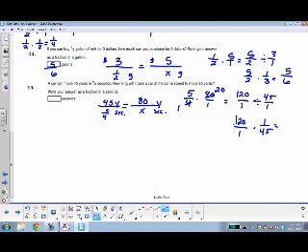I can simplify out a 5 in both of these. I know that this will be 9, and I know that this will be 24.